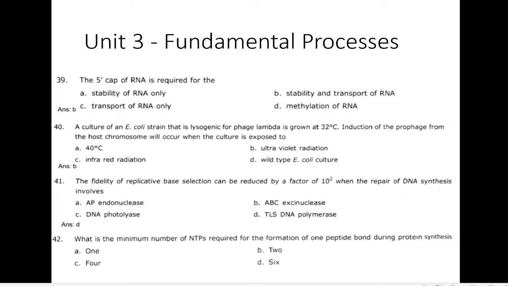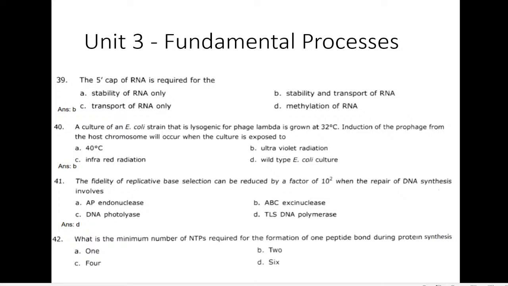That one nucleotide is responsible for another amino acid. So there is one peptide bond between these amino acids. So four NTPs are required for one peptide bond formation.